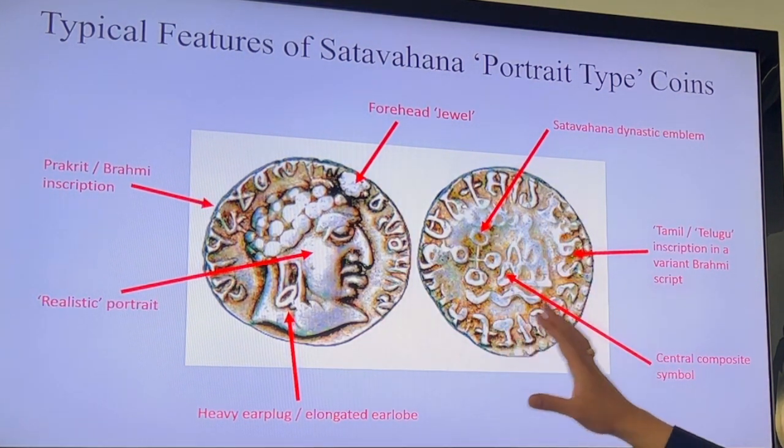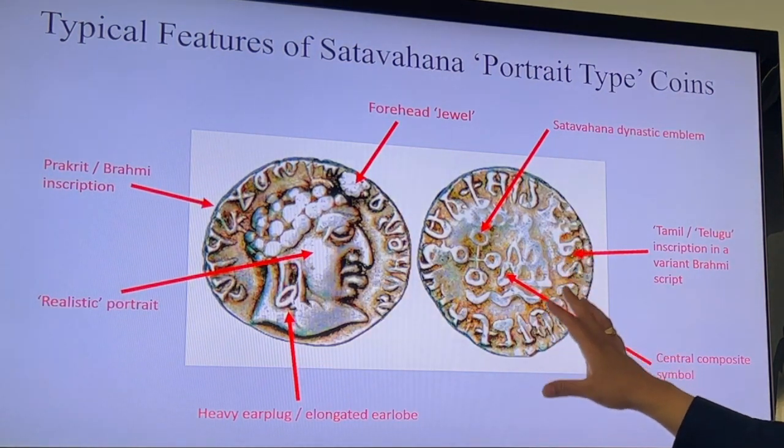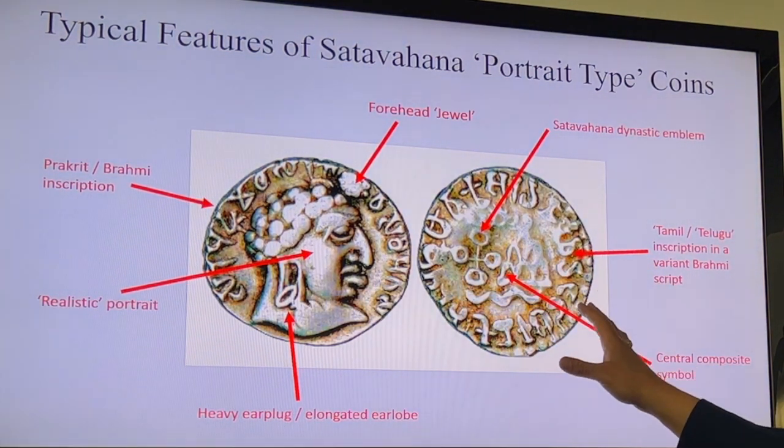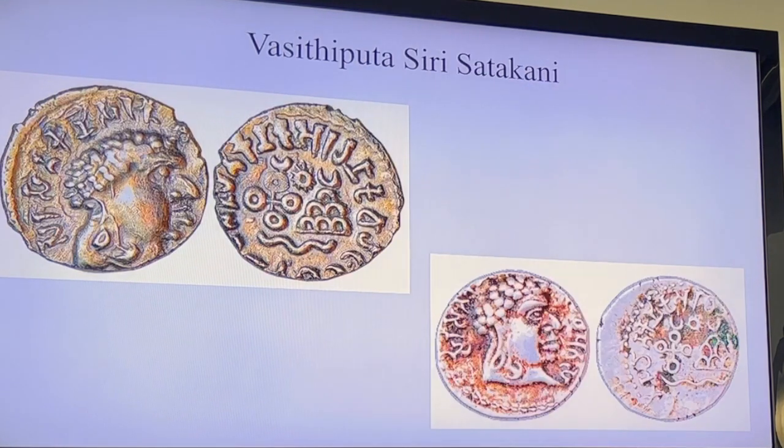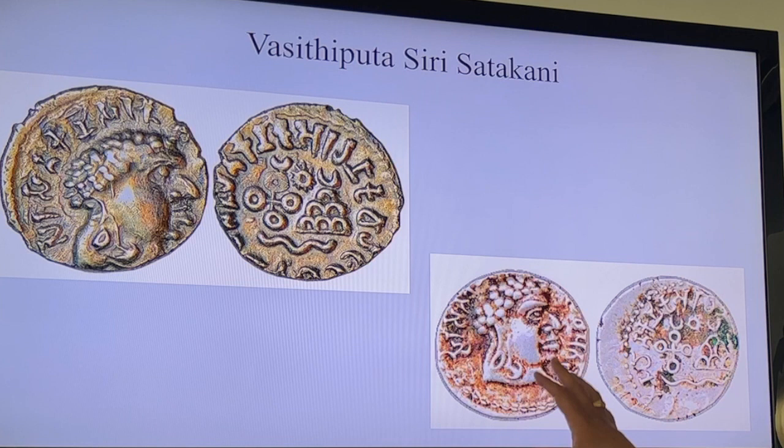There is a variety amongst the coinage of Vasishtiputra Siri Pulumavi, which appears to be the same hand as Siri Satakarni, which is this one. So there is that kind of connection as well. Obviously there are more than one die engravers at work, possibly even more than one mint, but we don't know where the mints were located. We have no idea.